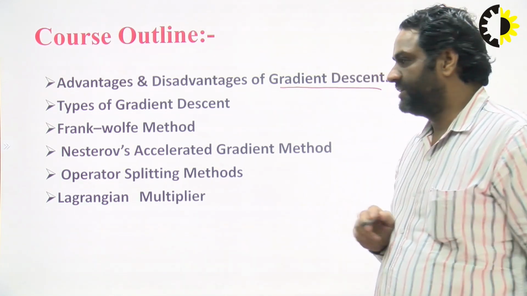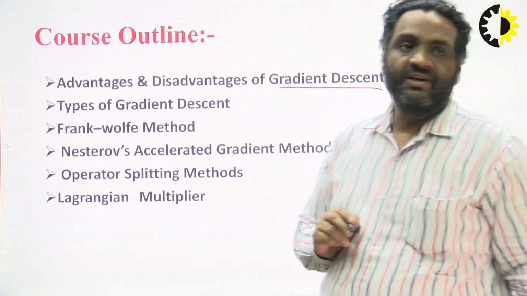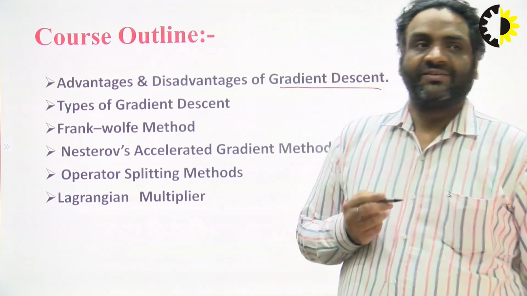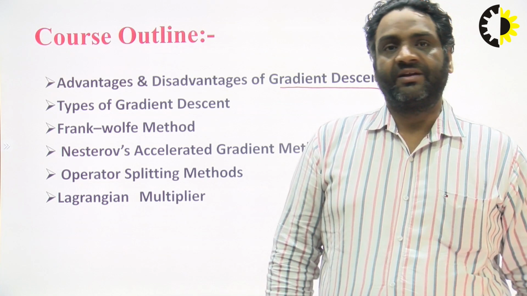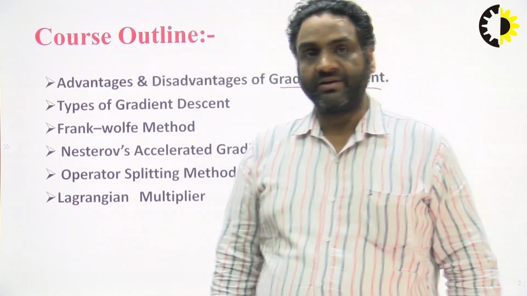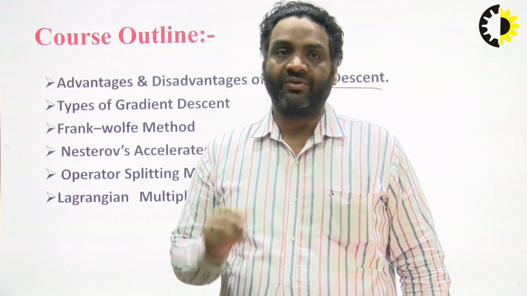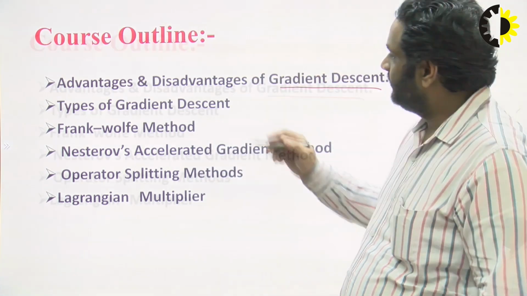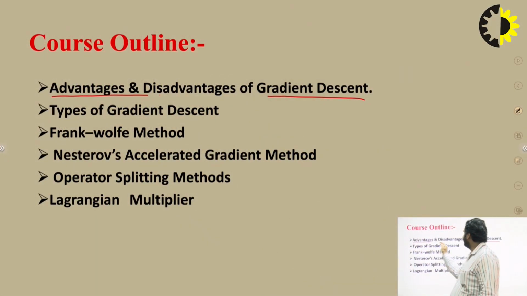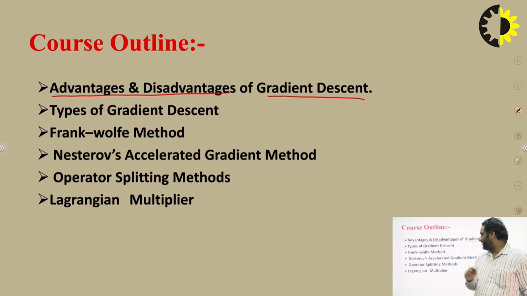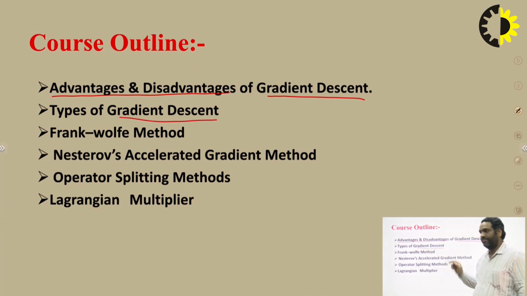So in this particular session, we are starting to discuss what are the advantages and disadvantages of gradient descent. The gradient descent is already discussed, so we will talk about advantages and disadvantages. After that, we will cover types of gradient descent. It is also a very important topic as far as our exam is concerned.